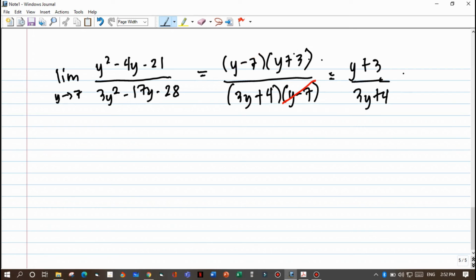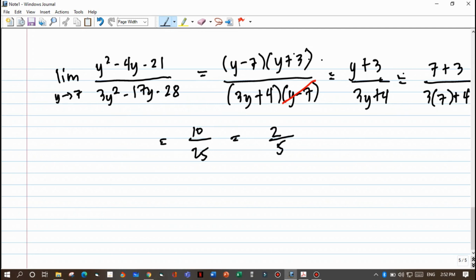Now, if we plug in 7 to the function, this will become 7 plus 3 over 3 times 7 plus 4. Now, simplifying this one, we get 10 over 25. And simplifying this further, we get 2 over 5. We just divided both our numerator and denominator by 5.